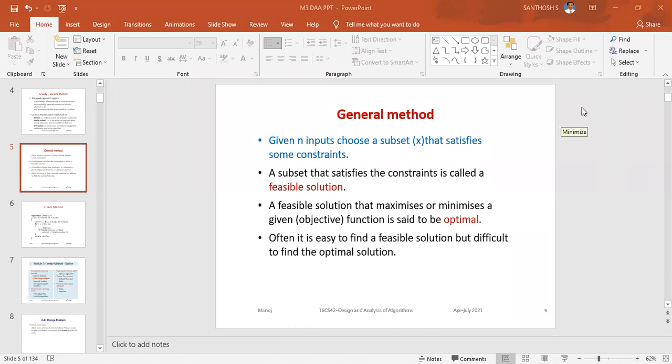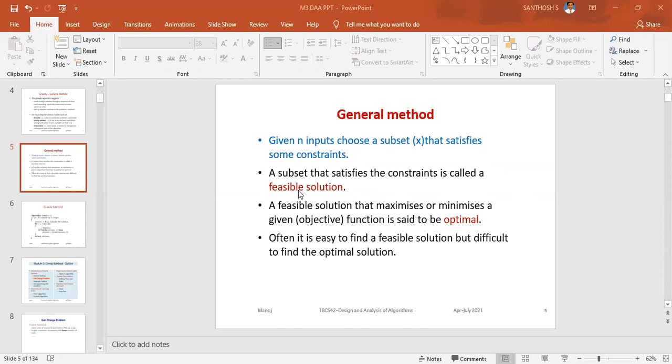Okay. So take each subset and find the one that satisfies the conditions of the problem. We call it a feasible solution. So for subset 1, subset 2, subset 3 up to subset 8, so 8 subsets are there, you find the feasible solution.